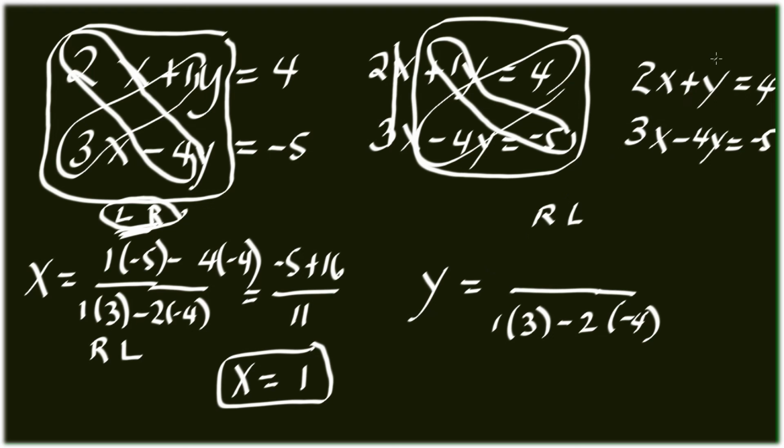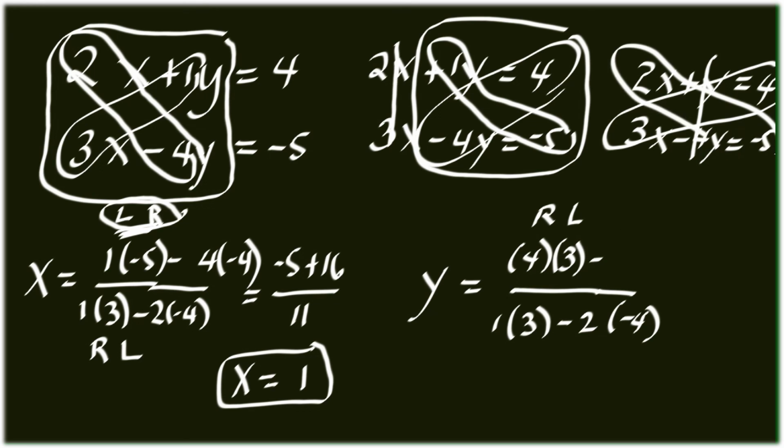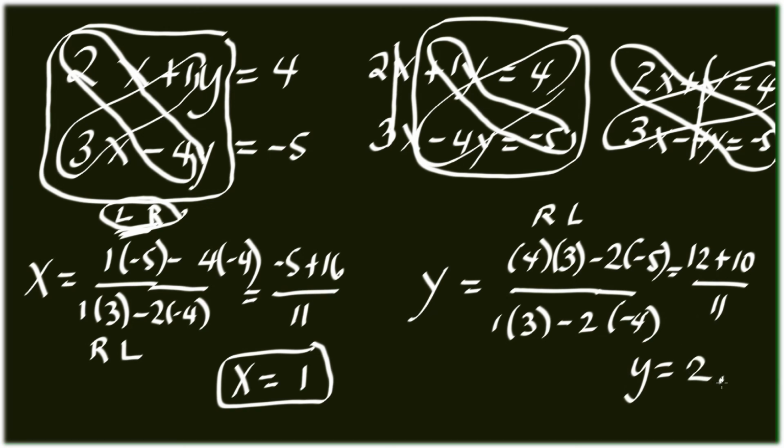Since this is y, I'm going to cross off the y column. Now we have the 2x and the 4, 3x and the negative 5. Right to left. So the right diagonal will be 4 times 3, minus the left diagonal, this 2 times negative 5. We have 12 plus 10 over 3 plus 8, which is 11. y is 22 over 11, which is 2.